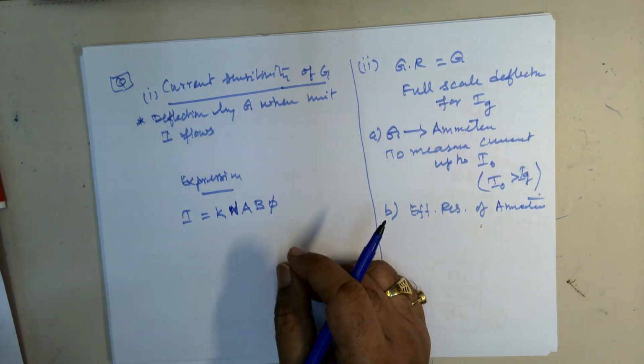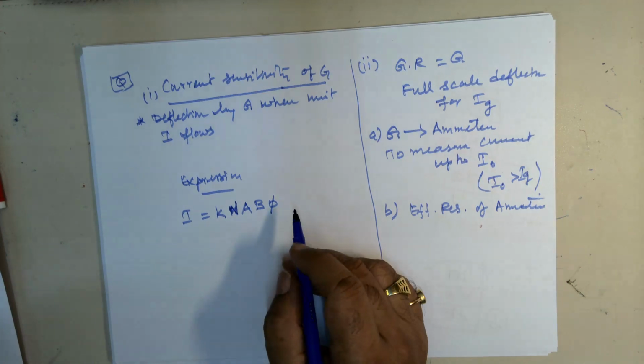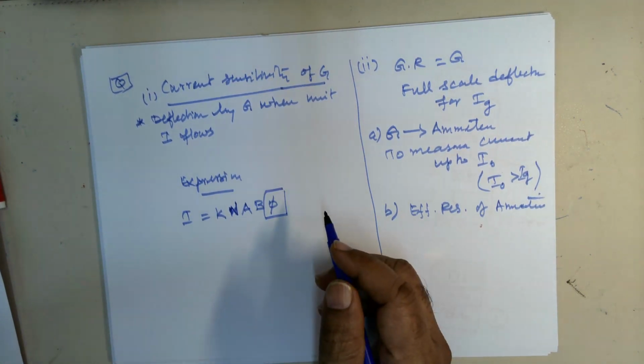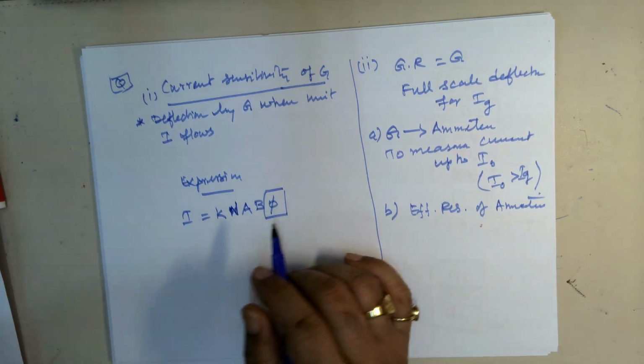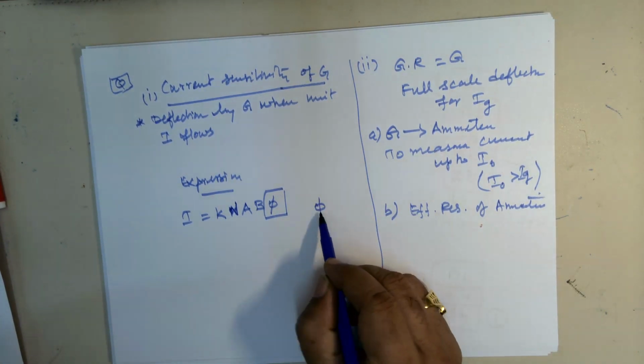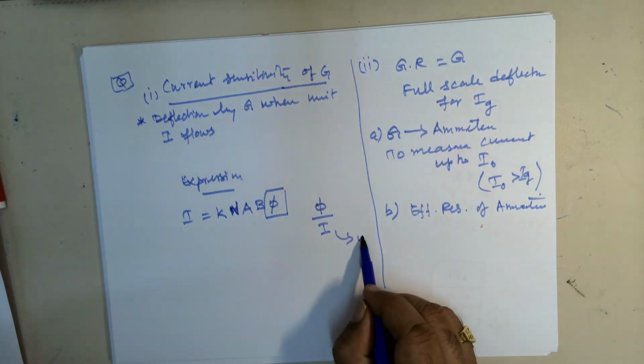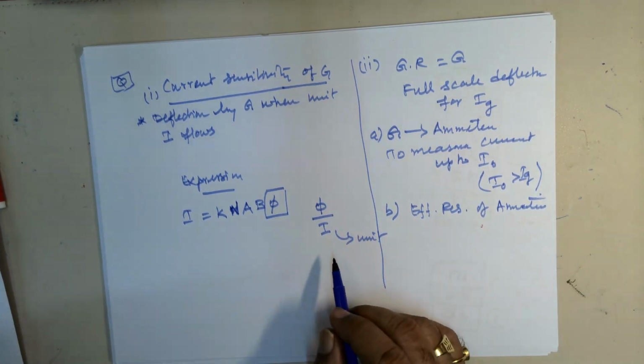So the current sensitivity of a galvanometer is defined as the angle of deflection per unit current flowing through it. Unit current means per ampere.